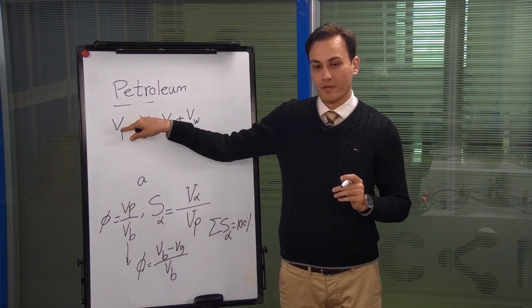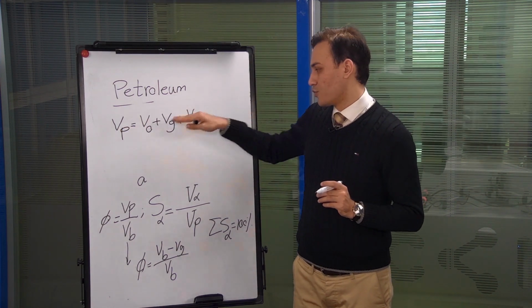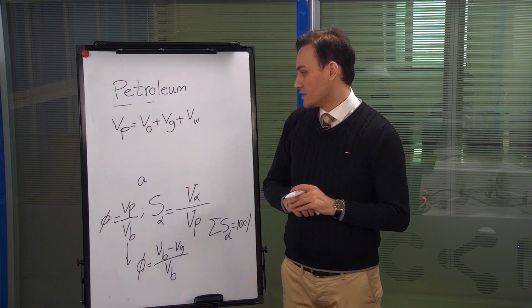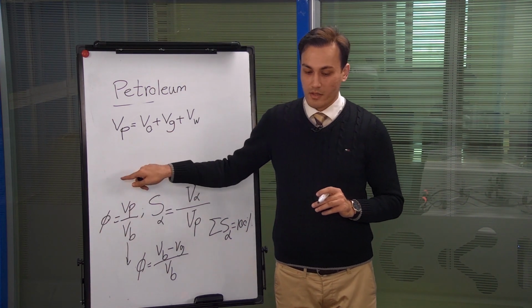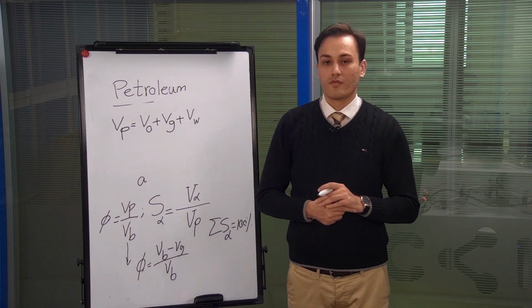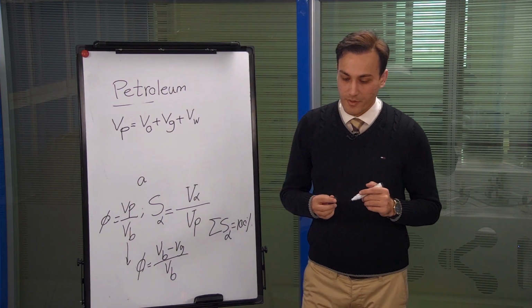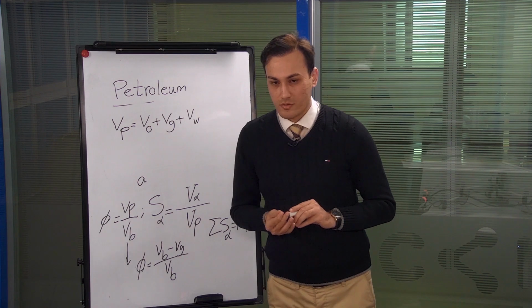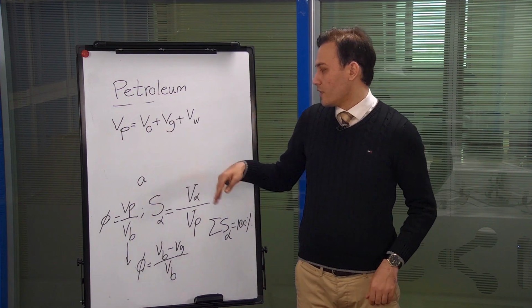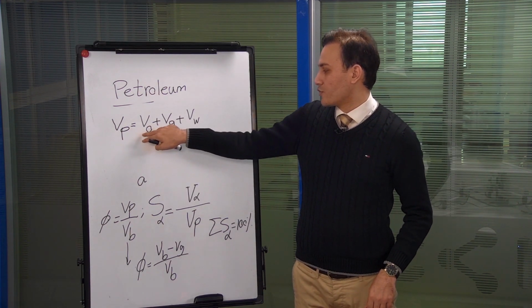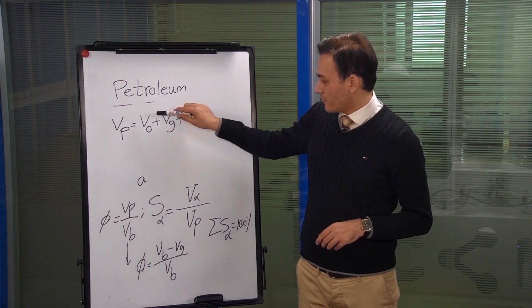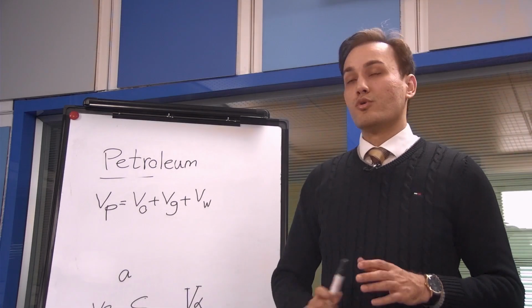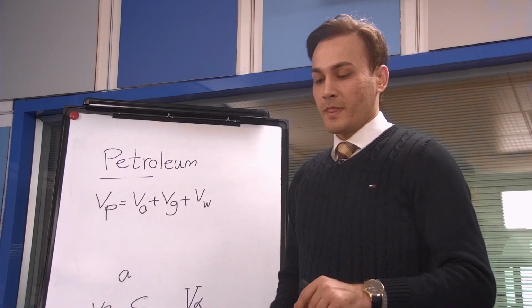All these volumes are given, so we can find the pore volume easily. And then we replace it into this formula, and the bulk volume is given, and we can find the value for the porosity. For finding the saturation, we have the pore volume and we have the volume for each phase, each fluid. If we divide the volume of each phase by the pore volume, we will get the value for the saturation.